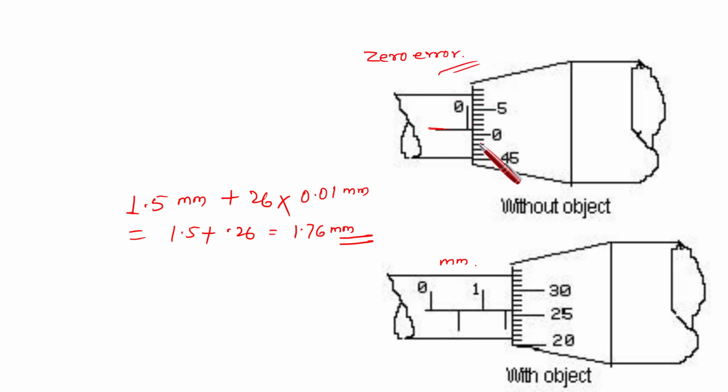And why this 0 error is happening? Is it a negative or positive? How do we understand? So obviously, when we are rotating this direction towards ourselves and rotating towards the observer, and here this is anvil and this is spindle, and both are in contact, right?